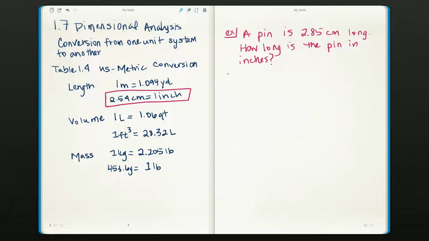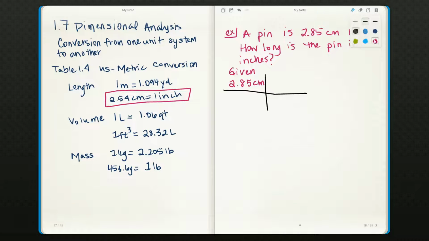So you always start with what you're given. So we're given that the pen is 2.85 centimeters. And then our unit conversions are always written as a fraction. So you can write them two different ways, either 2.54 centimeters over 1 inch or 1 inch over 2.54 centimeters.